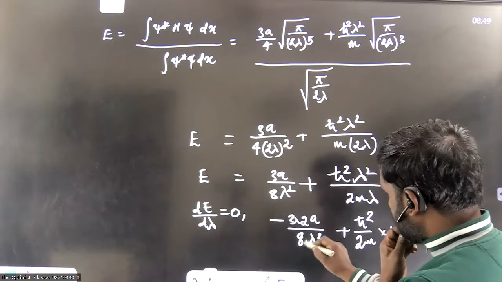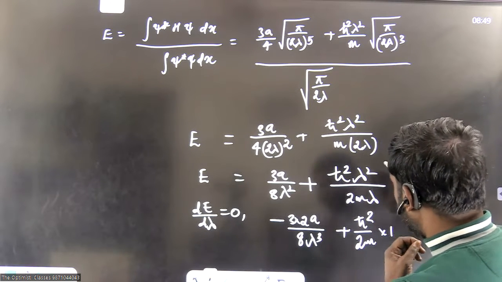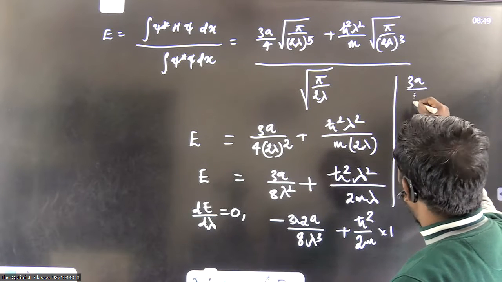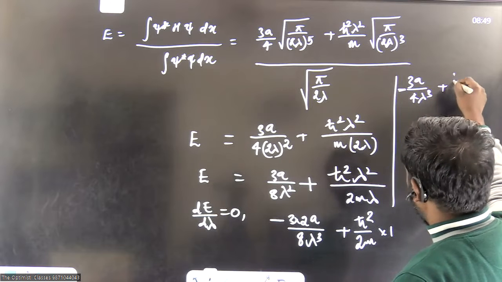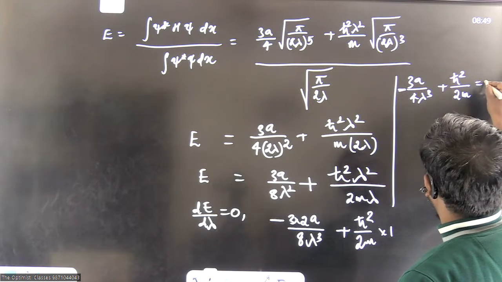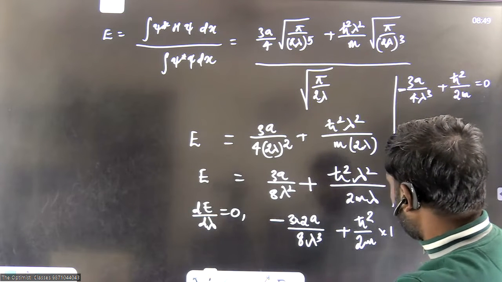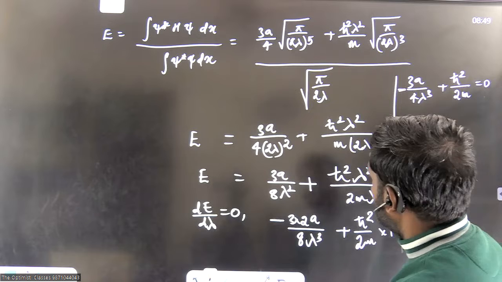So 2 will cancel with 8, we get here 4. Therefore we are getting 3a divided by 4 lambda cube with negative sign, plus h bar square divided by 2m, equal to 0. Sorry, I made a mistake.